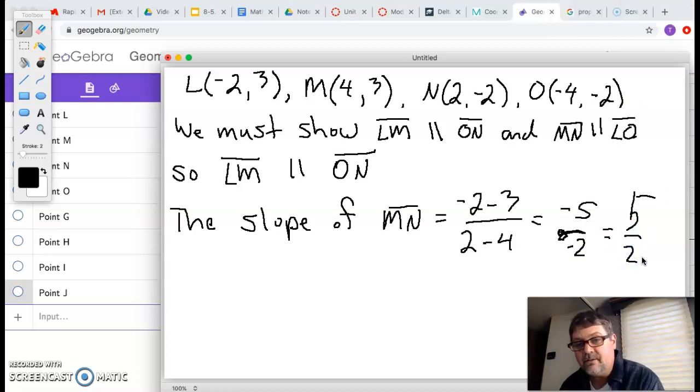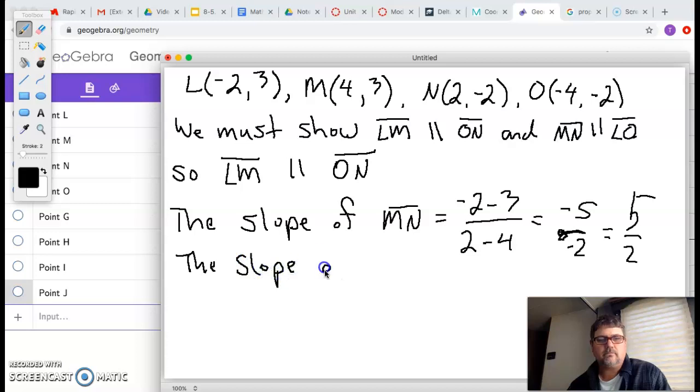We block counted. So we already know what we're supposed to get, but we're supposed to be showing this. So we can't just say it looks like it. All right, and then the slope of LO is, all right, be careful here.